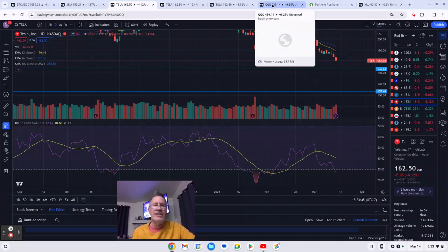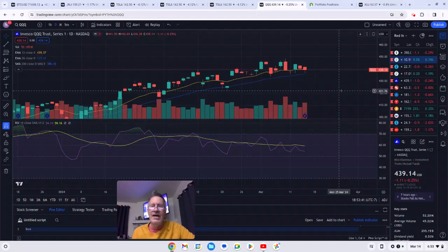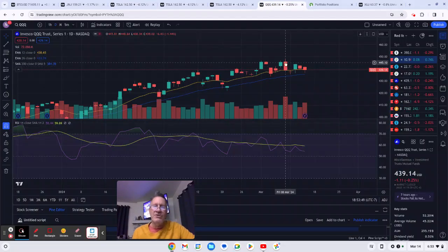Just briefly going into this example, here's the high ever of QQQ, and that was on March 8th. It opened right near the all-time highs, peaked a little bit above, making the all-time high, but closed down at the lows.